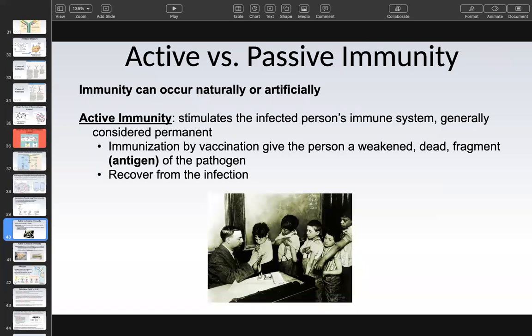Here, the patient is exposed to the pathogen in some way, shape, or form. It stimulated the patient's immune system. And the patient was also able to recover from the infection. Vaccinations would fall into this category.